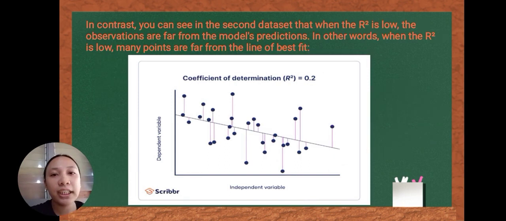In contrast, you can see in the second data set that when the R-squared is low, the observations are far from the model's predictions. In other words, when the R-squared is low, many points are far from the line of best fit.